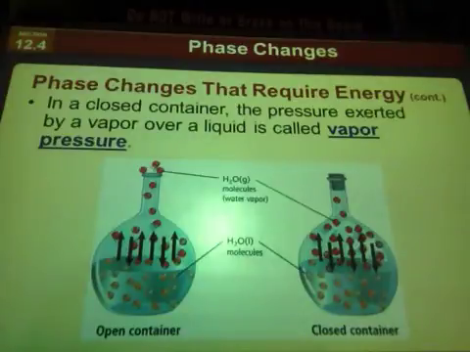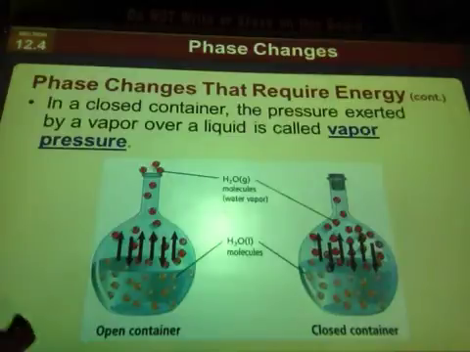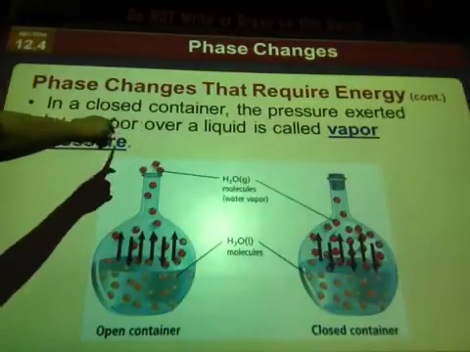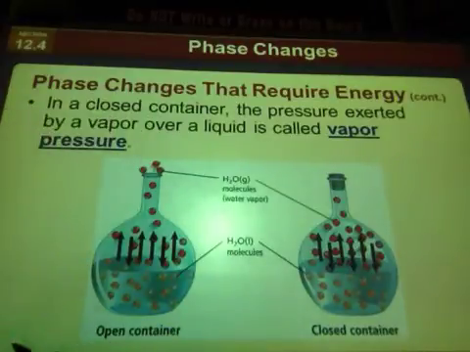They don't have anywhere to go, so they're going to stay in that closed container. And since that water vapor is staying in the closed container, it's creating a lot of pressure. And that pressure exerted by the vapor, that's what we call vapor pressure.